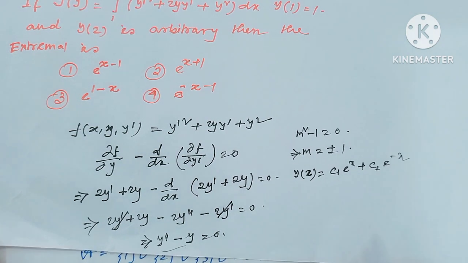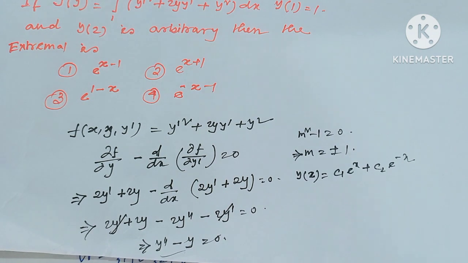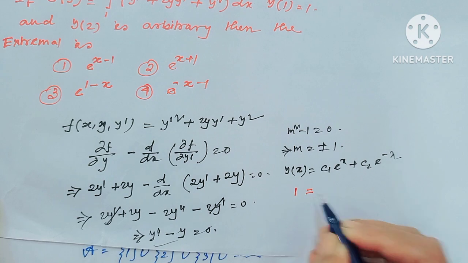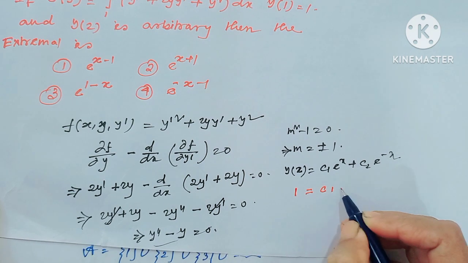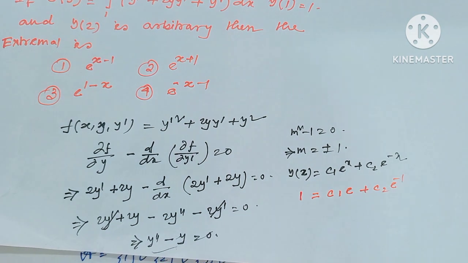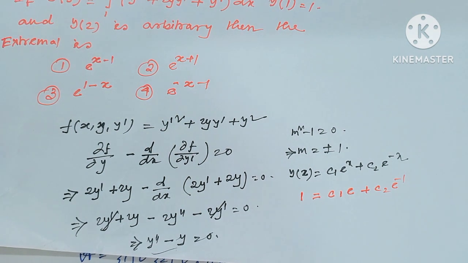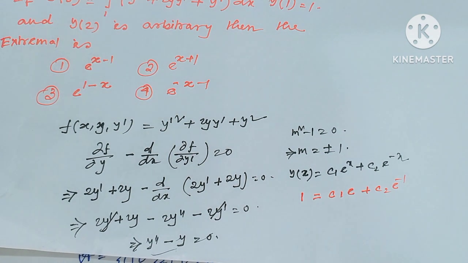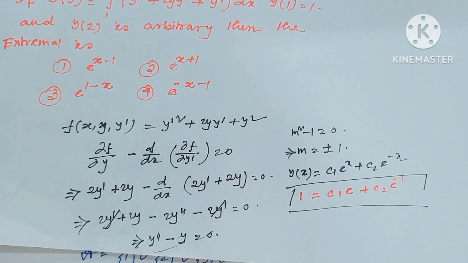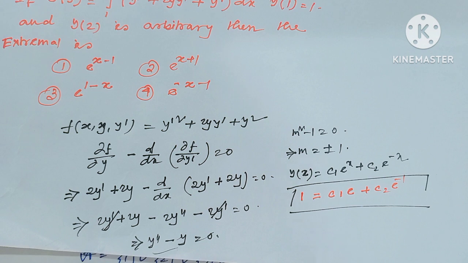So the solution is y(x) = c1 e^x + c2 e^(-x). Here the given y(1) = 1, therefore 1 = c1 e + c2 e^(-1). And also y(2) is arbitrary.